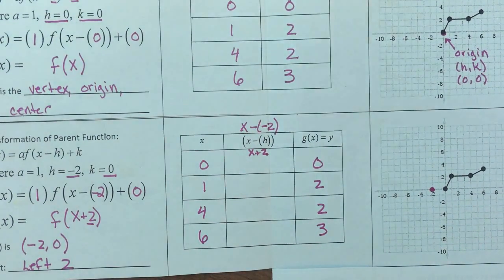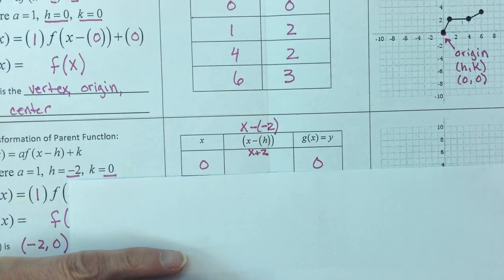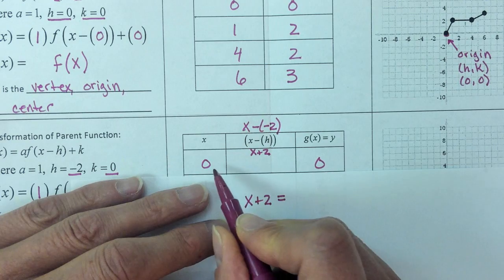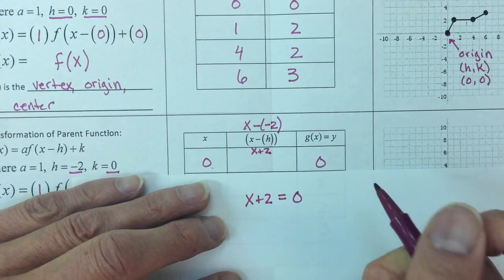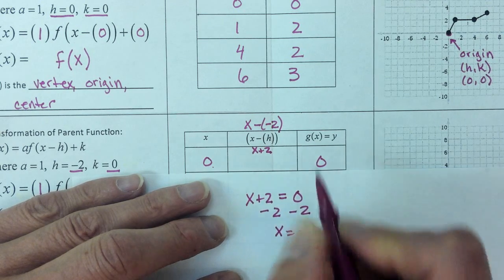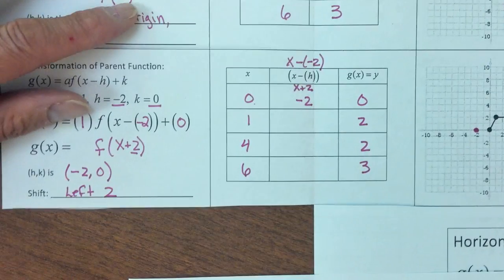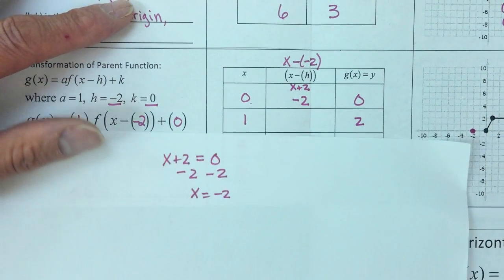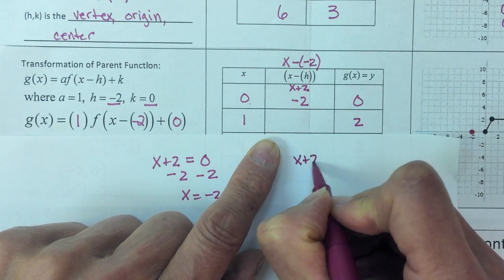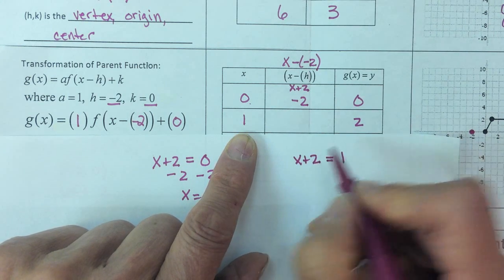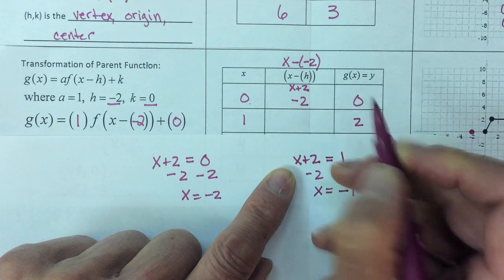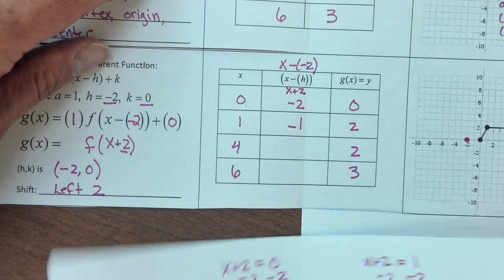So there's some math that's going on here. So if I want to find this value here, I'm going to say x plus 2. Well, what do I need to do to bring it back to the origin? In that case, it would be 0, 0. I would have to subtract 2 from both sides, and I get x equals negative 2. Well, that's in fact what I had here. Let's try this one here. If I had x plus 2, and I want to get it back to the origin, again, I'm going to subtract 2. So that gives me x equals negative 1.